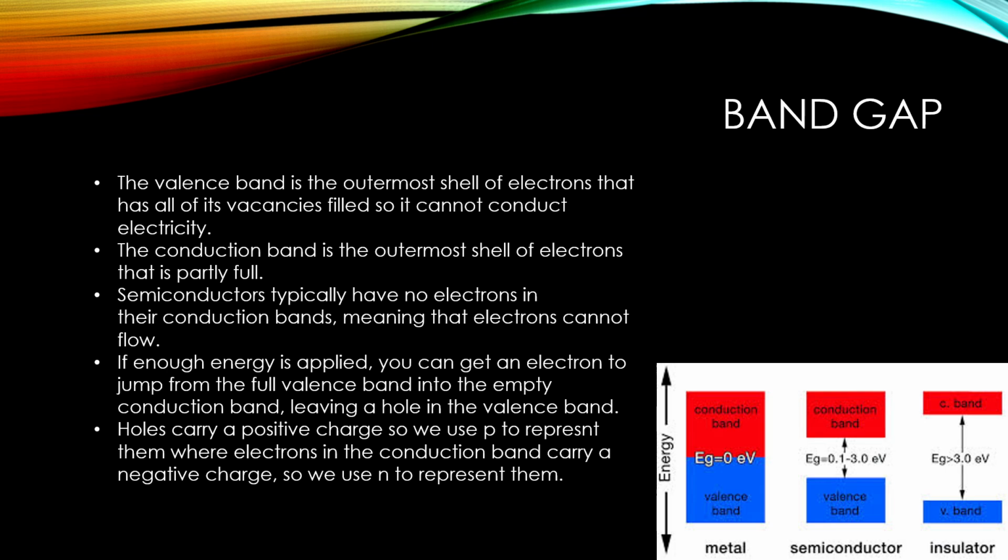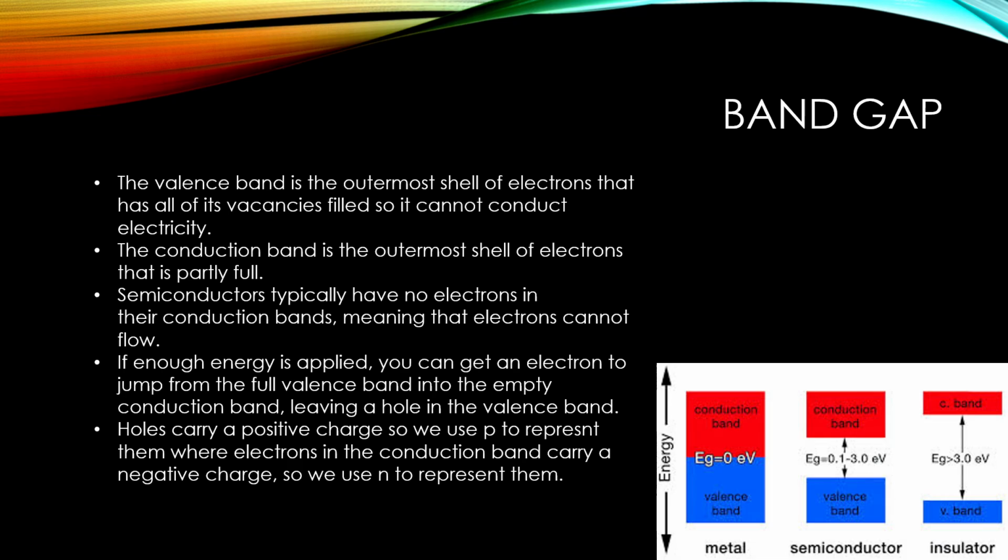Band gaps. The valence band is the outermost shell of electrons that has all of its vacancies filled, so it cannot conduct electricity. The conduction band is the outermost shell of electrons that is partially full, so it has free electrons. Semiconductors typically have no electrons in their conduction bands, meaning that electrons cannot flow.